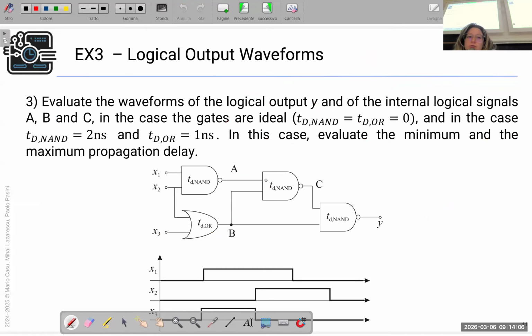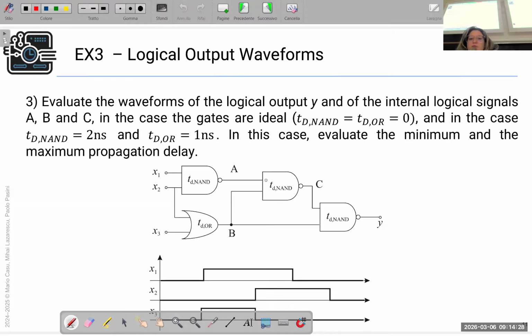So we can move on to exercise 3. In this case, we have another step to do, which is the waveform. We already have this circuit, given by the exercise.